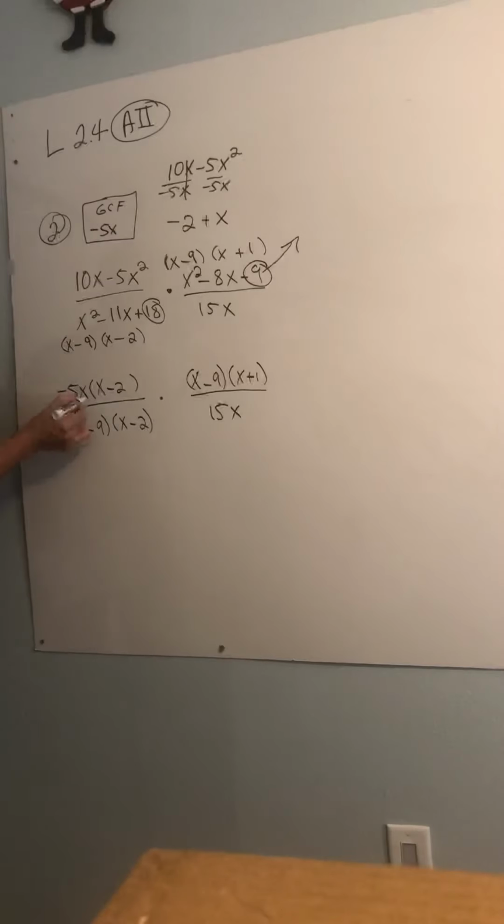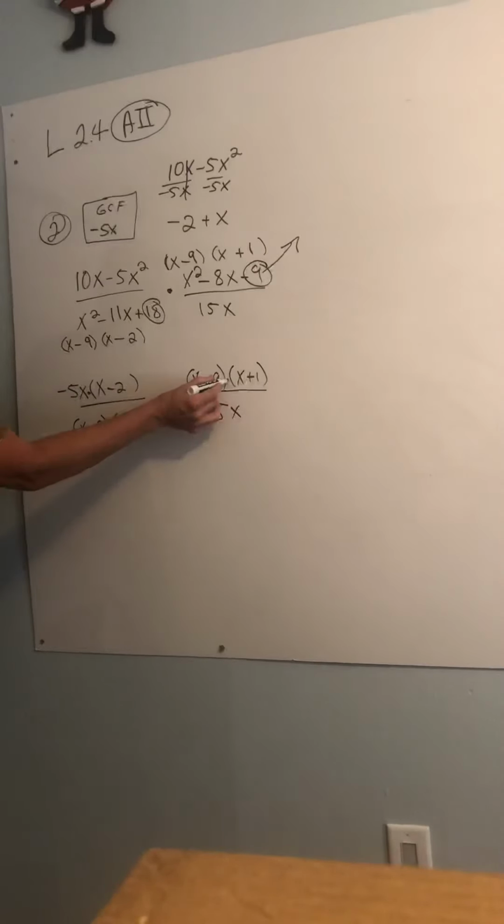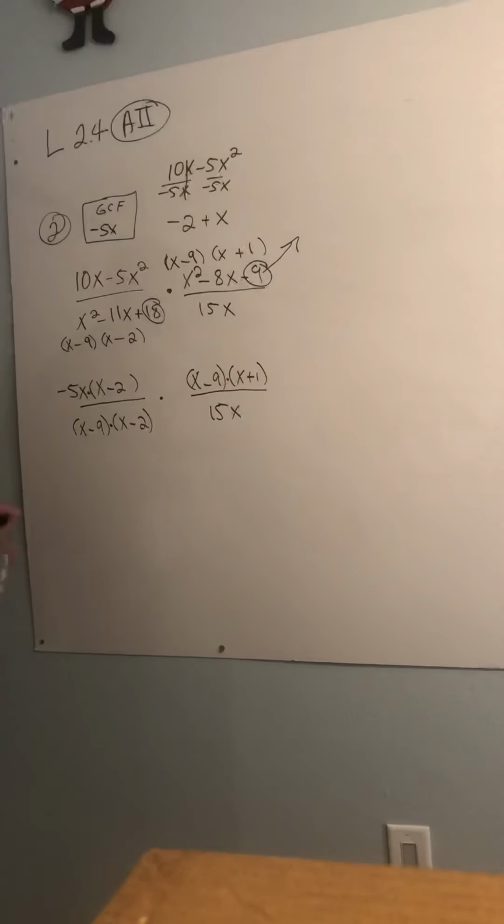Once you've factored the original first fraction and the second one, now you can cancel because you've got multiplication here, here, and here. But you can only cancel if the terms are exactly the same. One is in the numerator, one's in the denominator. So look, see I have a factor of x minus 2 and x minus 2? Cancel. See how x minus 9 is in the denominator and this one's in the numerator? Cancel.